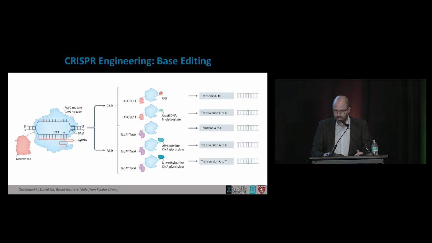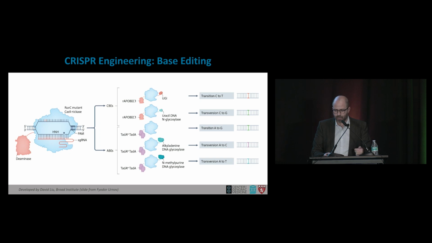More recent examples of tweaking this toolbox is work done by David Liu at the Broad. It's called base editing. Essentially, you use a nickase, a Cas9 that doesn't cause double-strand cuts, and this Cas9 is fused to a deaminase.